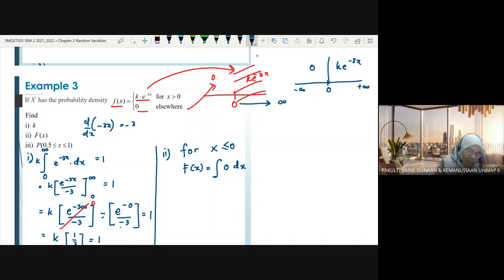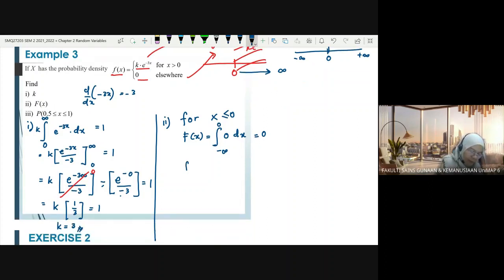Integrate with respect to x, from negative infinity to 0. Okay, let me check my notes. So this one definitely will give you 0, right? Because you have the function 0.